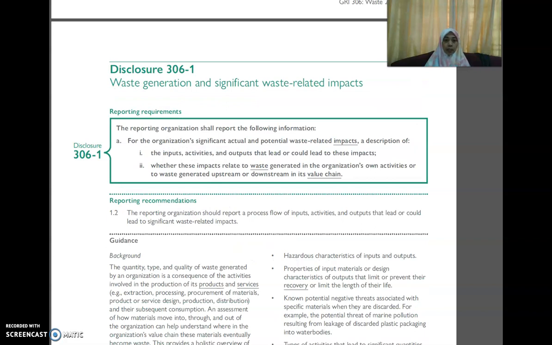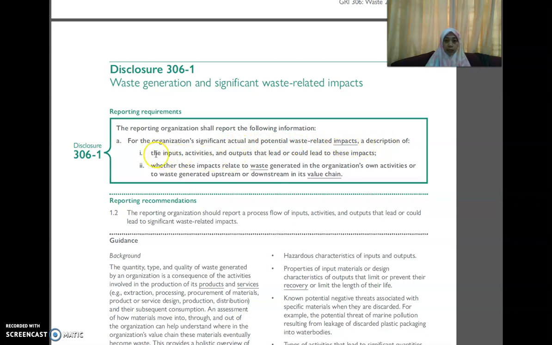So specifically, the guideline guides the companies if, let's say, they want to know the reporting requirements under 306-1, that is the waste generation and significant waste related impacts. The reporting organization shall report the following information. That means they report the organization's significant actual and potential waste related impacts.